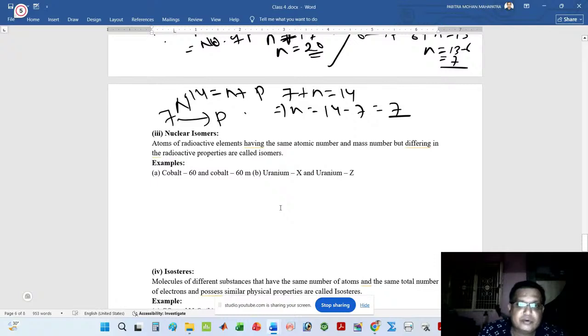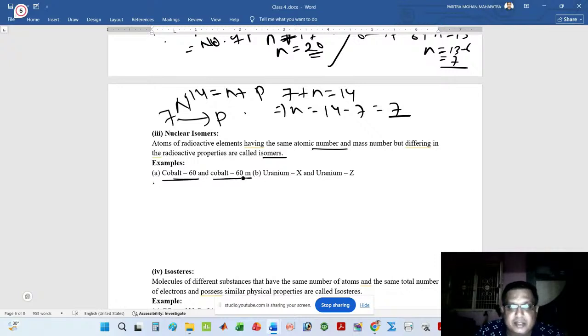Now move to the nuclear isomer. Atoms of a radioactive element having the same atomic number and mass number but different radioactive property are called isomers. Look at that. If you think about the nuclear isomer, that is cobalt 60 and cobalt 60M.